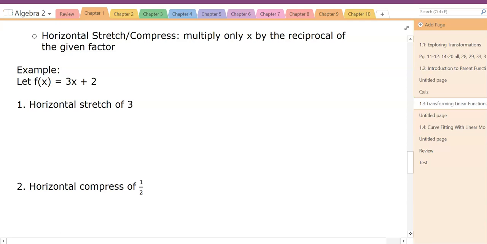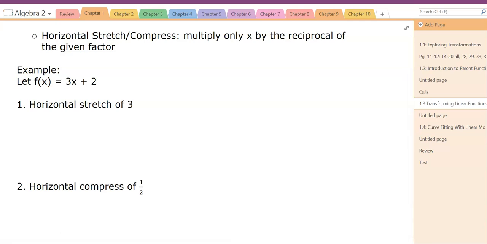So if your fraction was 2/5, to flip that over, it would be 5/2. Now, if it's a whole number, like 3, the number 3 as a fraction would be 3/1. And then when you take the reciprocal, you would get 1/3. So you have to take the factor that they're giving you, think of it as a fraction, flip that number upside down so it becomes the reciprocal, and then take that times only the x, so not the entire equation.